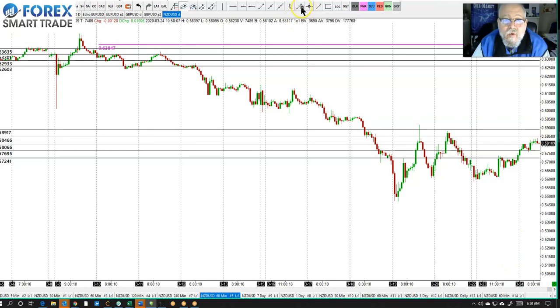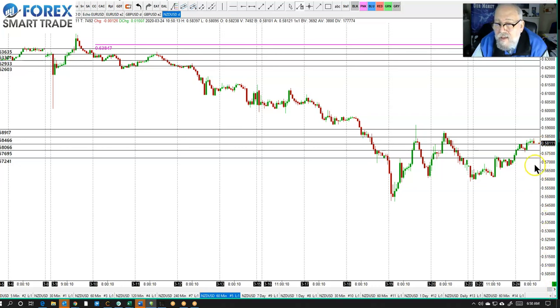Then I want to know how much room I have between the current price and the resistance lines. So here I've got about 36 pips till I hit the resistance line above. And I've got about, I don't know, 3 to 5 pips till I hit the support line below.